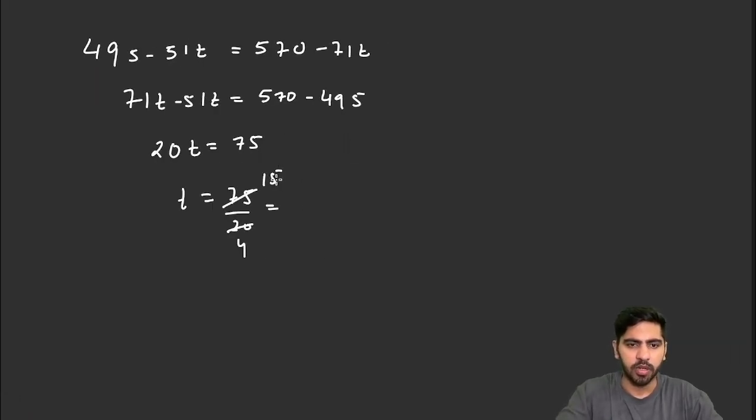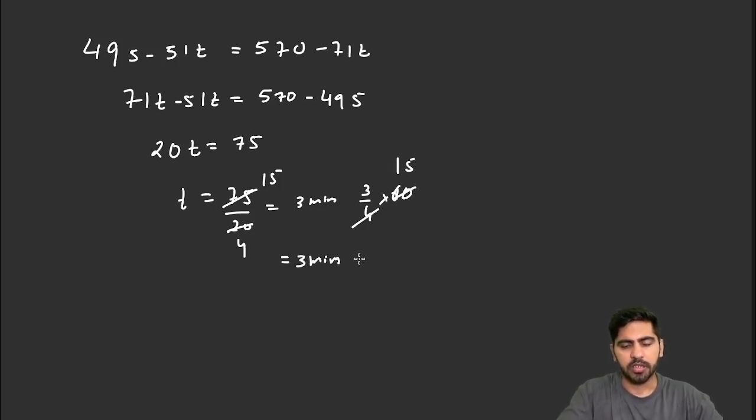So 15 by 4 minutes is 3 minutes complete, and I'm left with three more, so 3 by 4 minutes. To convert minutes into seconds I need to multiply by 60. So 3 by 4 into 60 is 45. So my answer should be 3 minutes and 45 seconds. That should be my required answer.